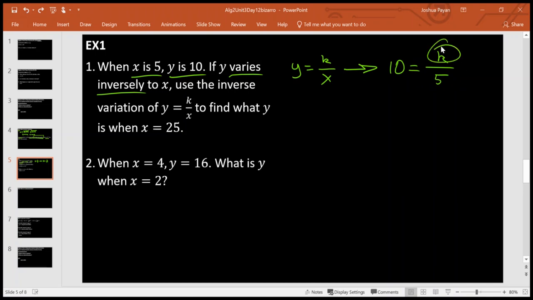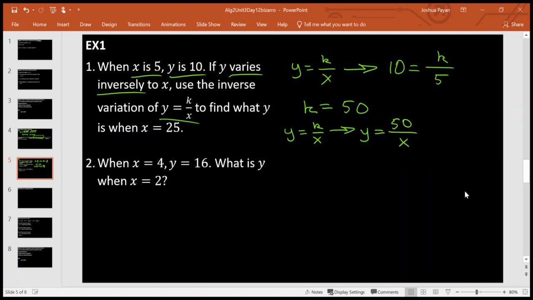Okay, and I can easily figure out my constant of variation, my k here, just by multiplying by 5 on both sides. And when I do that, I plainly see k must be equal to 50. So now that I know k is equal to 50, I can rewrite this again. I don't need to say k over x anymore. I can go ahead and just say y is equal to 50 over x.